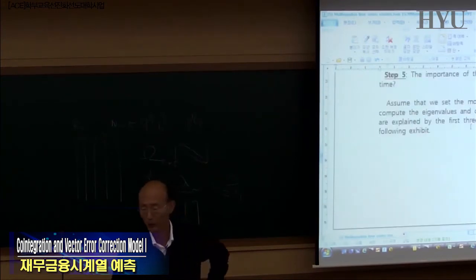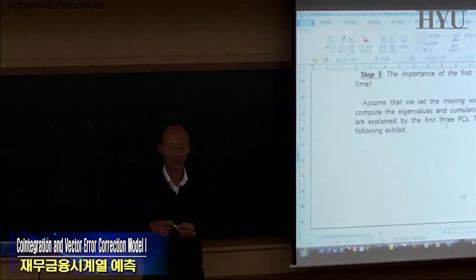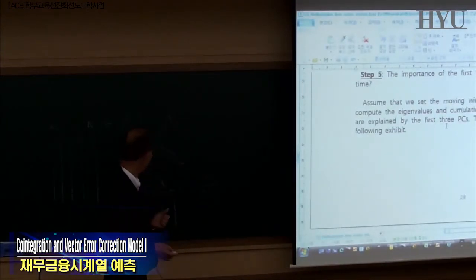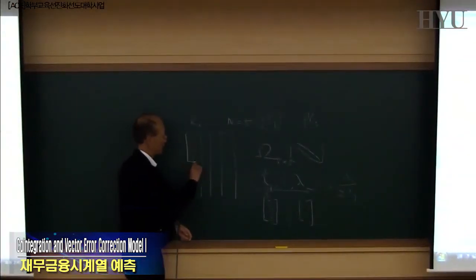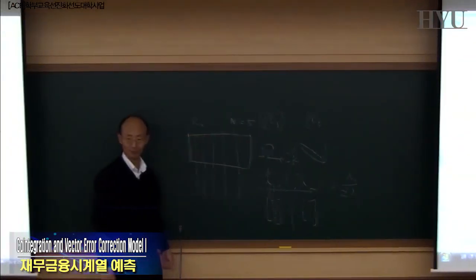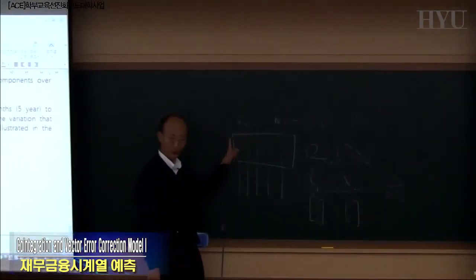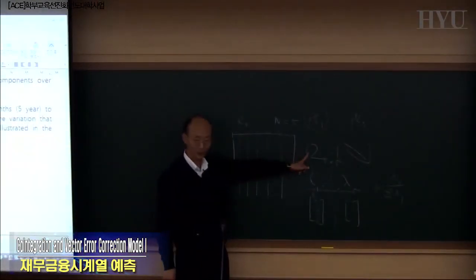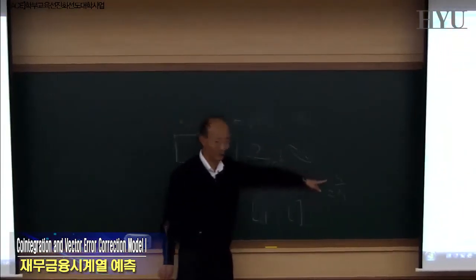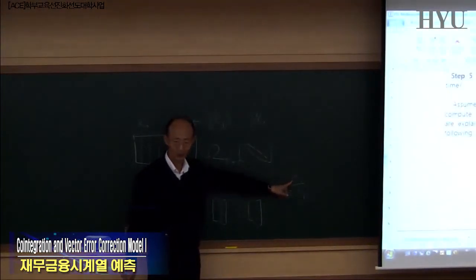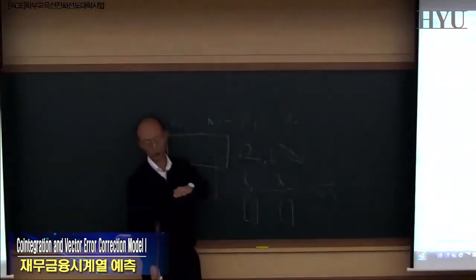Suppose we calculate the portion explained using just the first 60 observations, and check this. Okay, so the first one explained this much, that much, and that much.